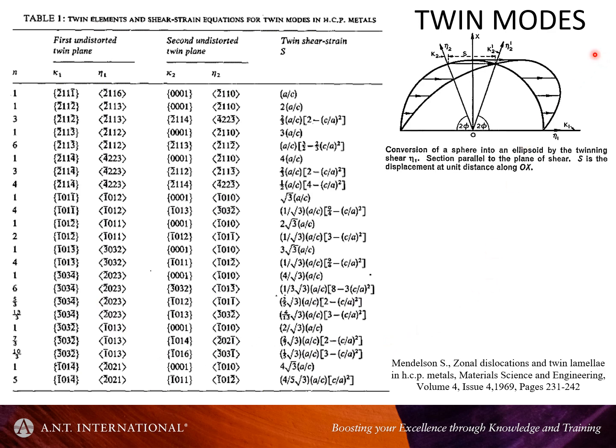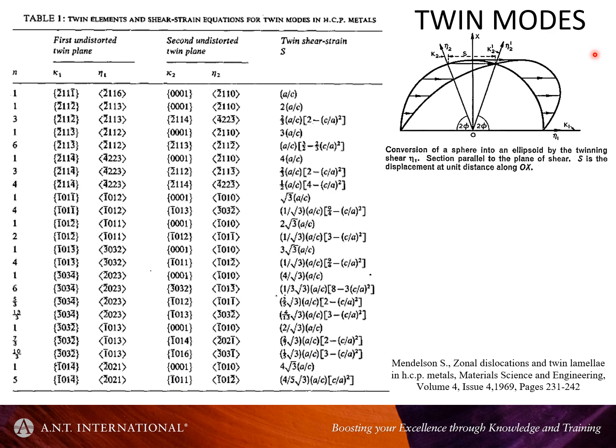And the way to define twinning in hexagonal metals as opposed to FCC is by considering what's called the second undistorted plane. I show this in the videos, in the presentations with the ball models. It's very easy to see when you can demonstrate it with the ball model.